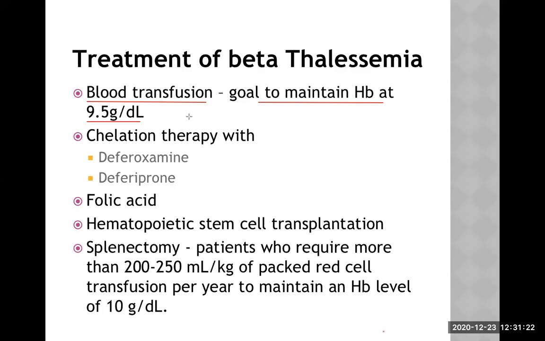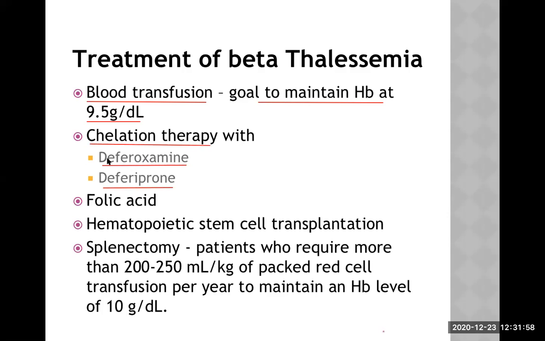If you are enthusiastic and give a lot of hemoglobin, that will carry more iron inside the body of the child, and that is more damaging for the child than maintaining hemoglobin slightly on the anemic side. And this is enough for our cells to get a good amount of oxygen. Because of iron overload, we have to go for iron chelation therapy with deferoxamine and deferiprone.